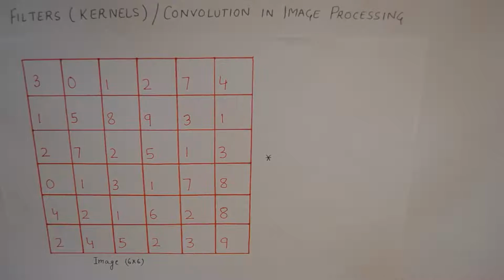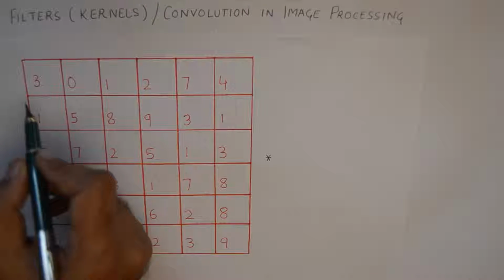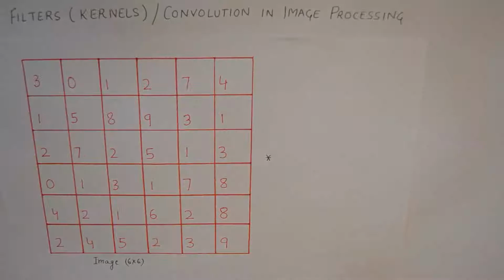As images grow bigger in size or become colored, they'll have 3 values in each box representing RGB components, and they'll be huge in size, like 1000 by 1000, or bigger. But for the sake of simplicity, we're taking up just one value inside each pixel. So this could be a monochrome image, and this value could represent its grayscale image.